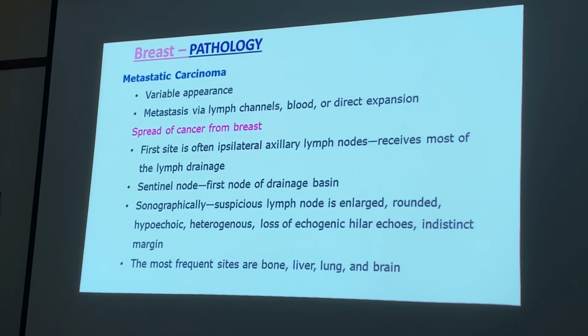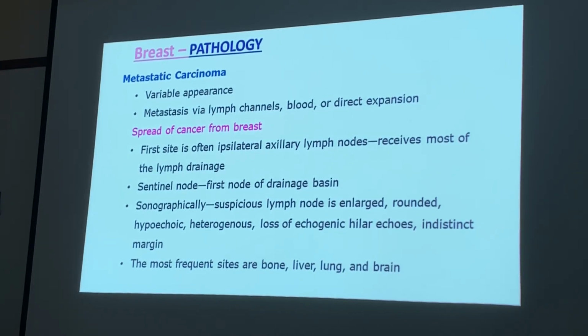Sonographically, a suspicious lymph node is enlarged. Remember, it's rounded and hypoechoic, and it's going to lose the echogenic hilum. Okay, and indistinct margin. Again, it's not going to look like a football anymore. It's going to look more rounded and hypoechoic within. The most frequent sites are going to be bone, liver, lung, and brain when we talk about metastatic carcinoma from the breast.